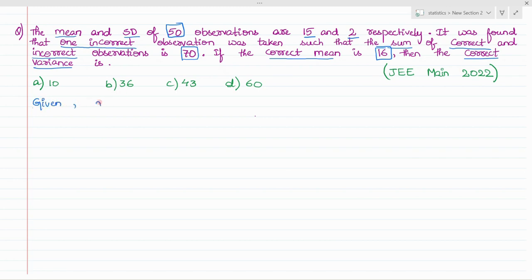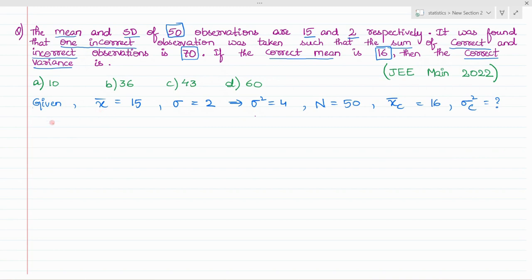Mean, that is x bar, is given to you as 15, and standard deviation is given as 2. From here, we can write the variance as 4, and total number of observations are 50. And one more thing, the correct mean is given to you as 16. We need to find the correct variance.